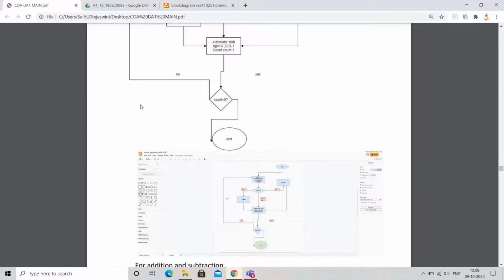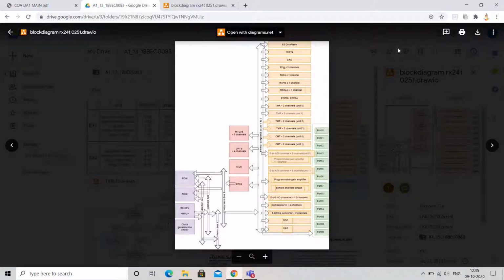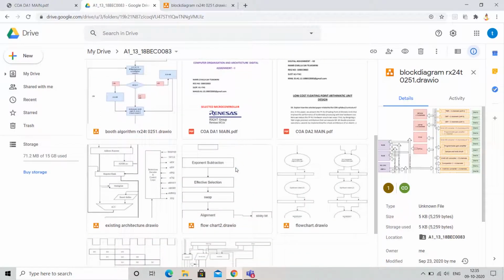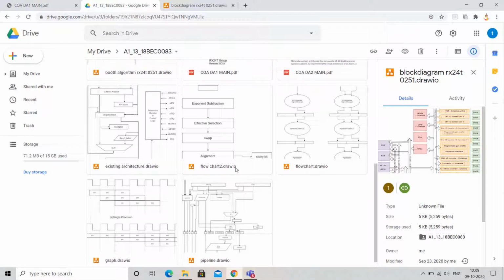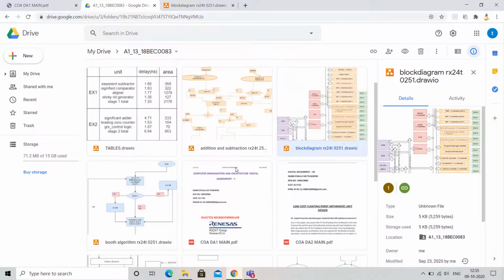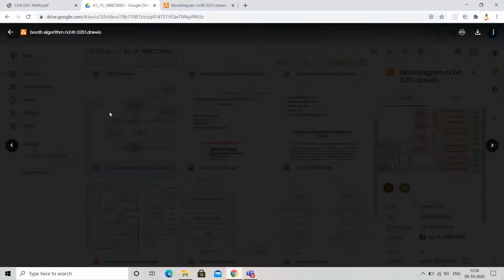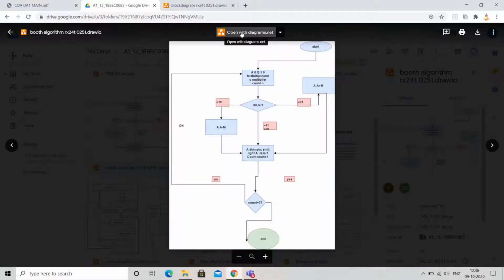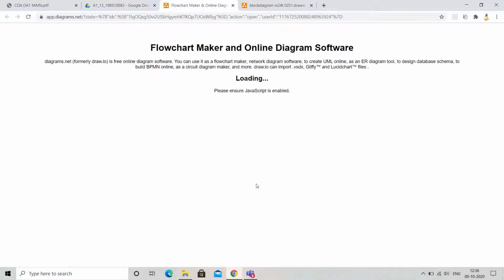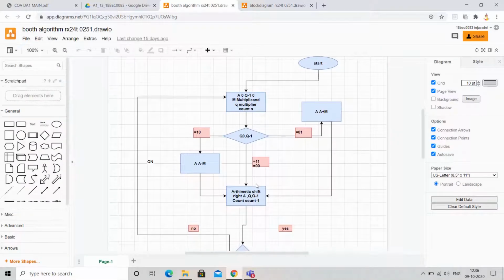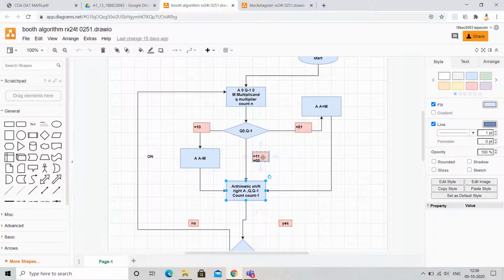This is also drawn in the draw.io tool. Here you can see the block diagram of the RX24T multiplication algorithm.